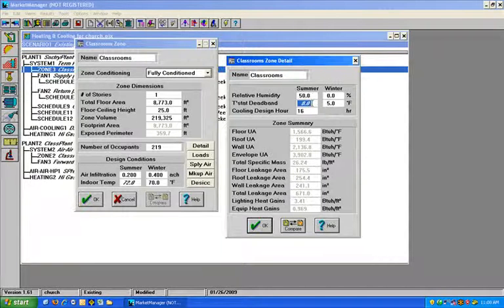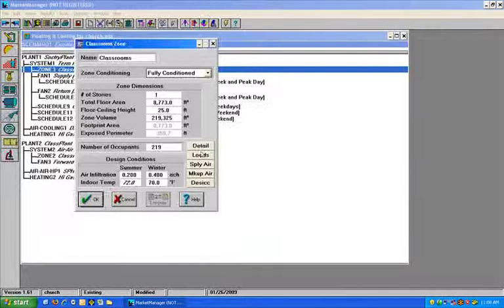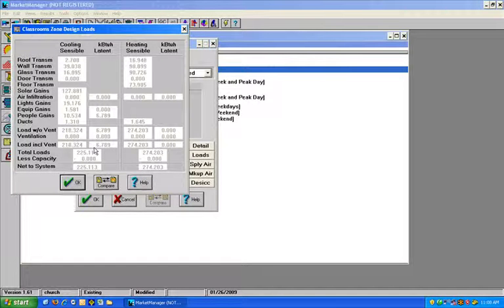So that's what this dead band is: at what temperature do I not cool but actually start heating. In the winter case, if my set point is 70 degrees and then it makes it up to 75, then I would start cooling. There's loads just like with the system.